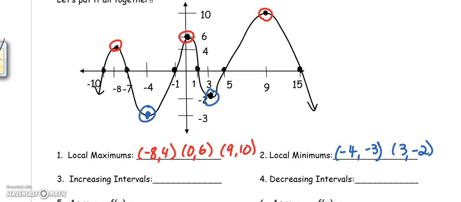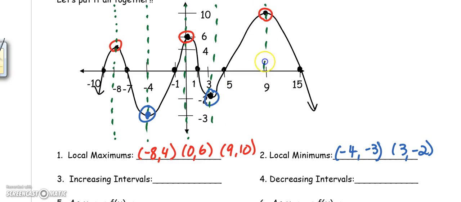Now we're looking for increasing intervals. So I'm going to go ahead and divide my graph everywhere that there's a local min or a local max. I'm going to put a dotted line. So here's a local max. So I put a dotted line, dotted line, dotted line. Got a lot of intervals happening here.